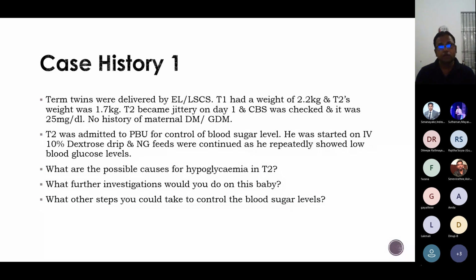We have to treat them, but it is very important to confirm the low blood sugar reading we got from the glucometer with the lab value. And with that, we can do other investigations related to hypoglycemia, like insulin levels or cortisol levels, free fatty acids or whatever. We'll discuss them later.